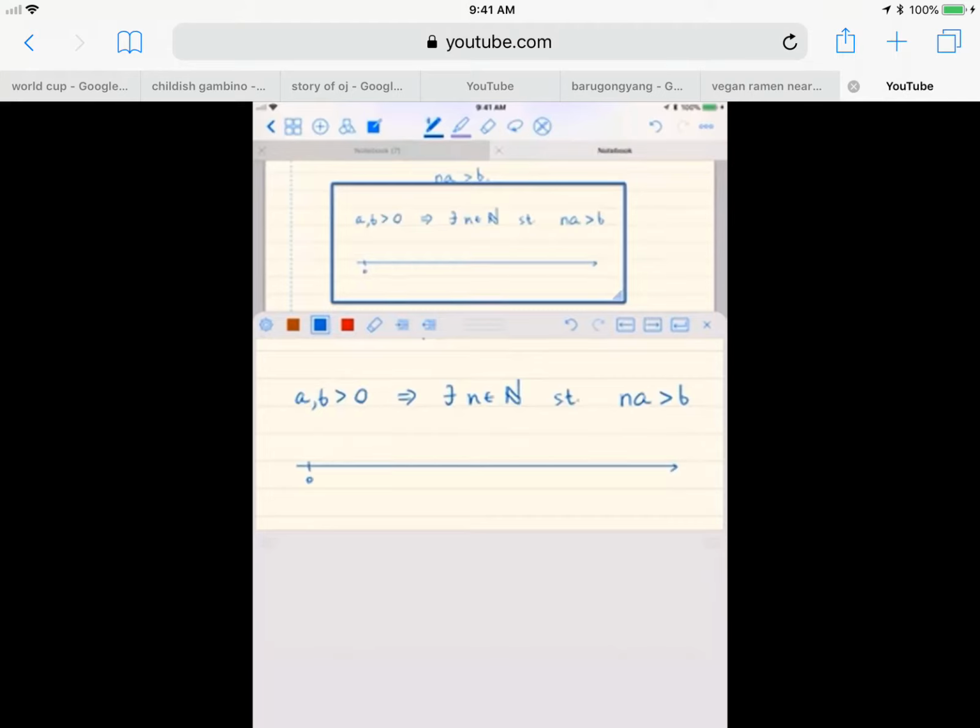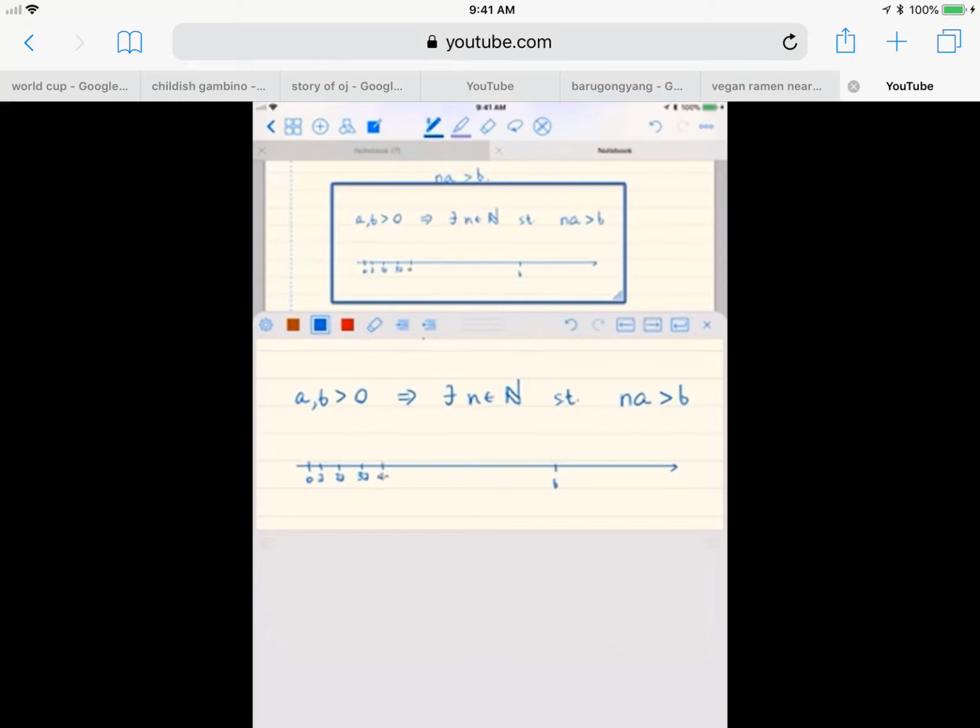Now we're just doing a picture just to explain the idea. And this really goes to n being unbounded. So a and b are positive numbers, so we can put them ahead of 0 or to the right of 0.